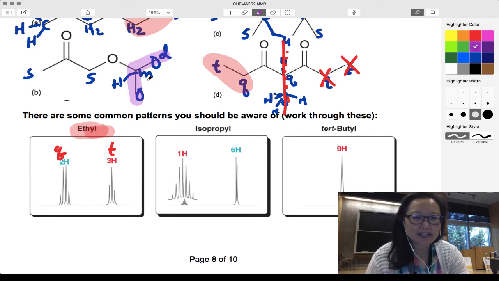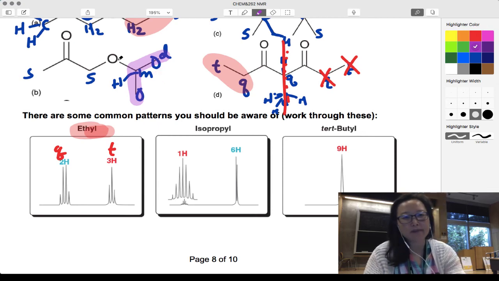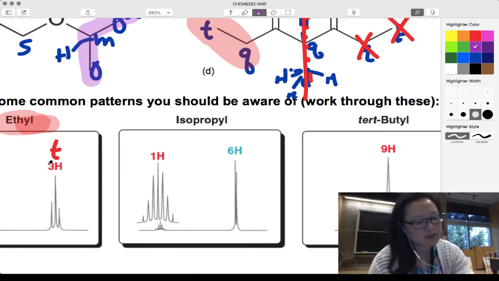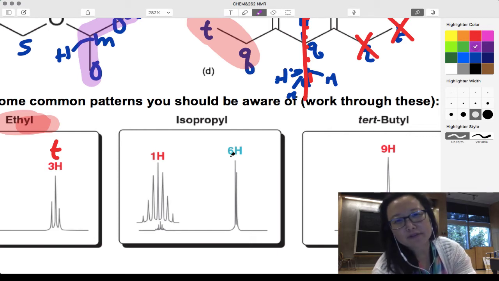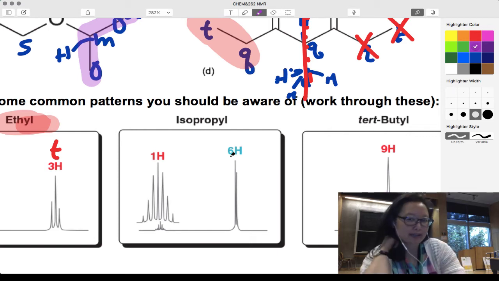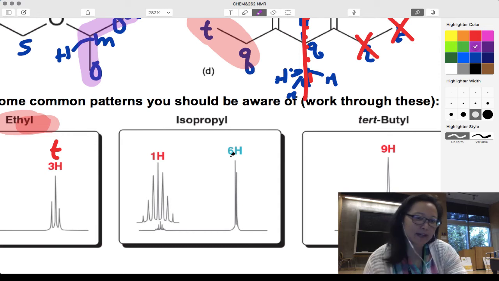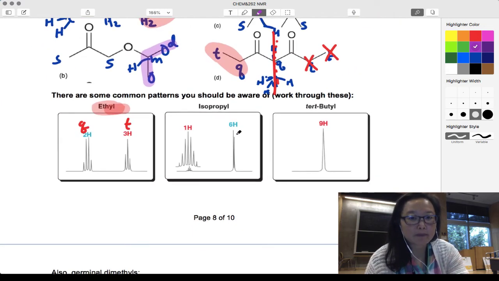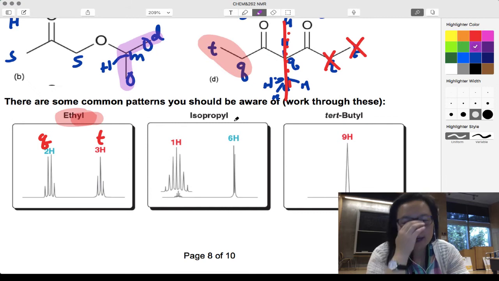And then the hydrogens on the outside, the ones farthest away from the attachment point, are more upfield, and those are the 6H. Whenever you see 3H, it's usually due to a methyl group. When you see 6H, it could be from 2 methyl groups, or it could be from 3 CH2 groups as well, but usually it's going to be methyl groups. You just have to look at the molecule and see.